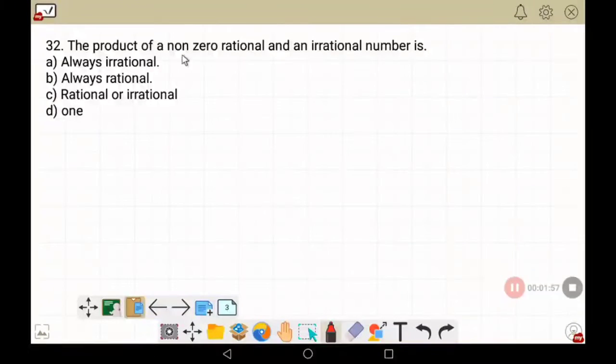Now, the product of a non-zero rational number, that is 1 by 2, and an irrational number, that is root 2 or root 3, is always an irrational number. If you take 0 as a rational number and multiply it with 3, it will become 0, that is a rational number.